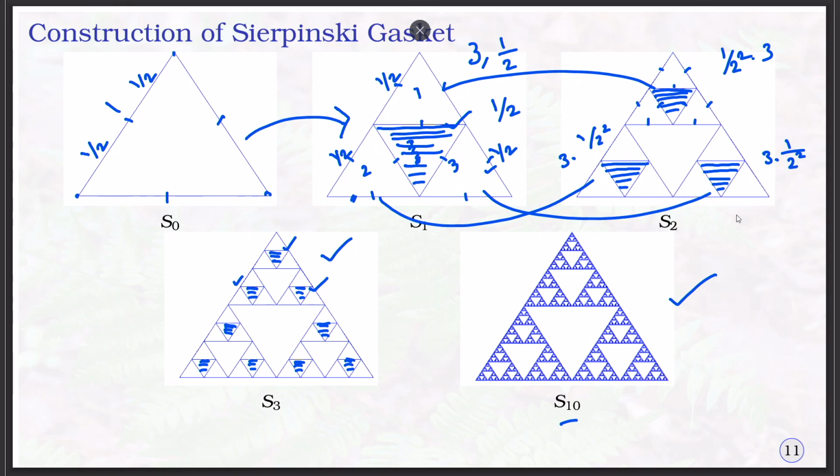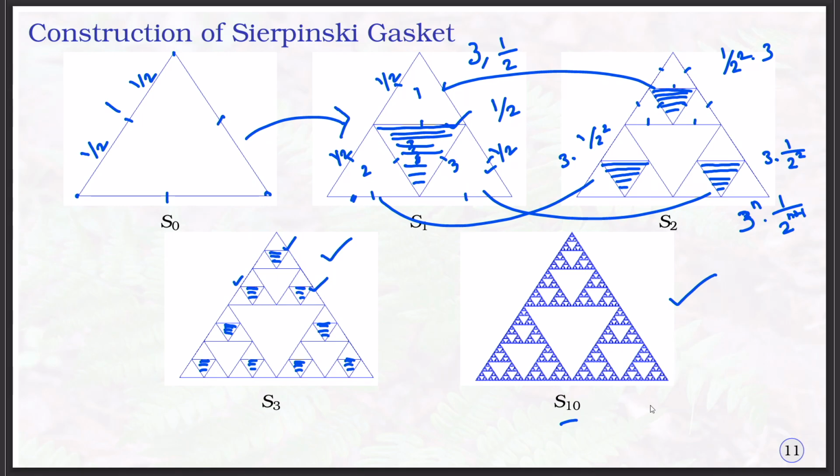In the same way, in each iteration, each triangle produces 3 triangles. After the nth iteration there are 3 power n triangles, and each of their sides is 1/2 power n. So, if we continue an infinite number of times, we will get the Sierpinski triangle.